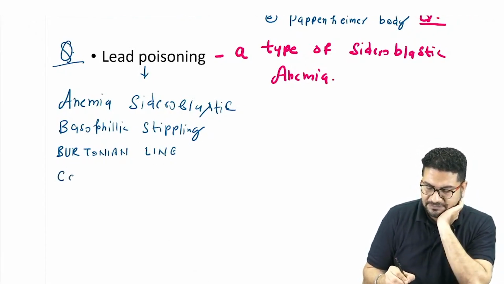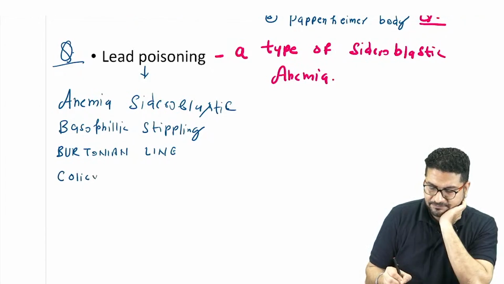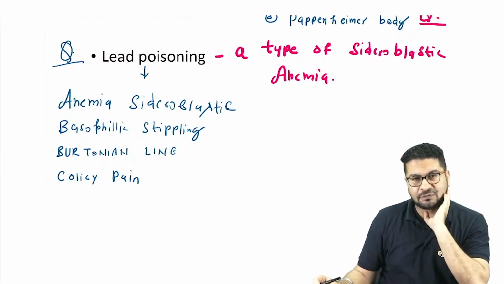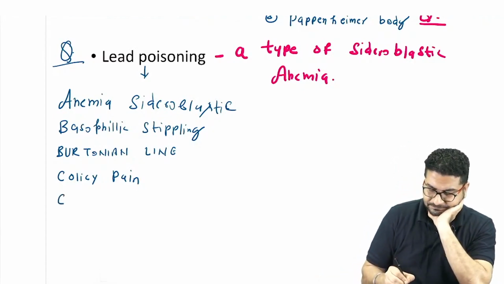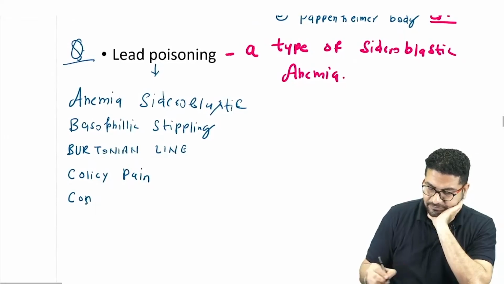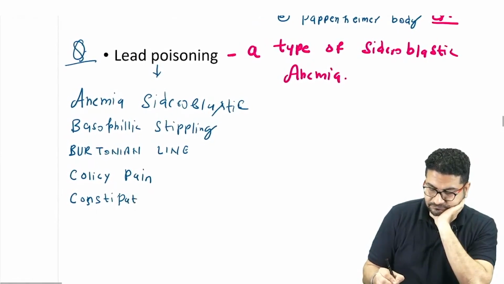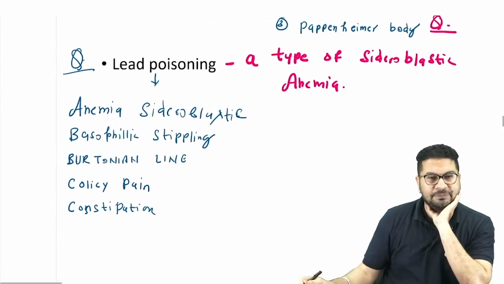Patients with lead poisoning will complain of colicky pain. Colicky pain means the patient will say, I am having strong pain, like stone pain. A patient of lead poisoning will develop constipation.